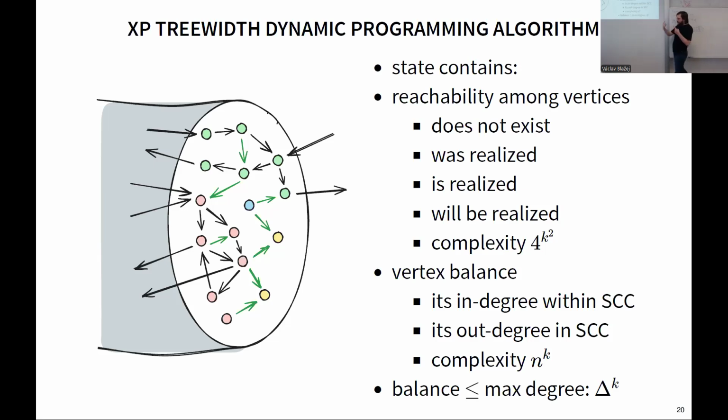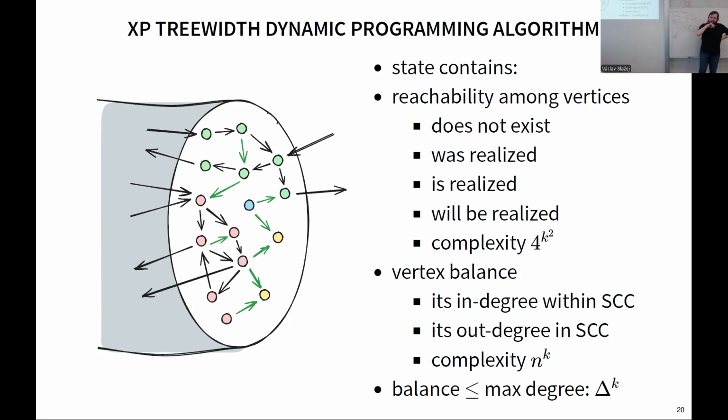Because an edge that is in the bin is active, meaning it counts towards the balances, if and only if its endpoints are in the same strongly connected component. And it is inactive if they are in different components. The third choice is to cut it, right? So you have these three choices. And if you just model all the reachabilities in the bin, you have a reasonable state.